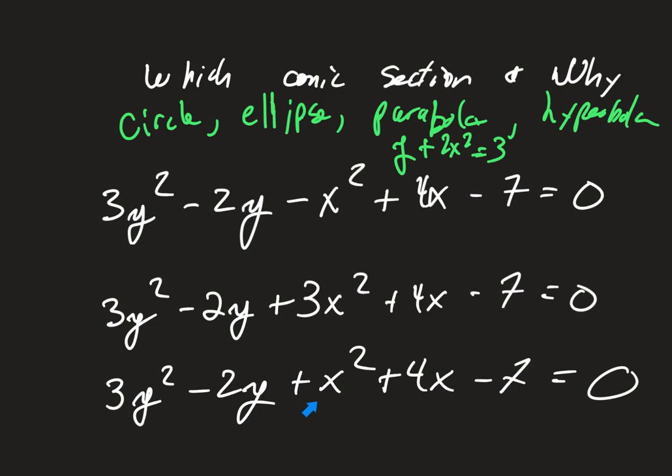If they are both positive or both negative, so basically if they're the same sign, it will be either a circle or an ellipse. If they are different, if the coefficient here is positive and this one's negative, or this one's negative and this one's positive, it's a hyperbola.